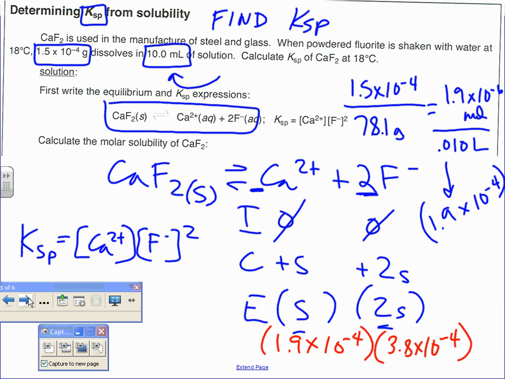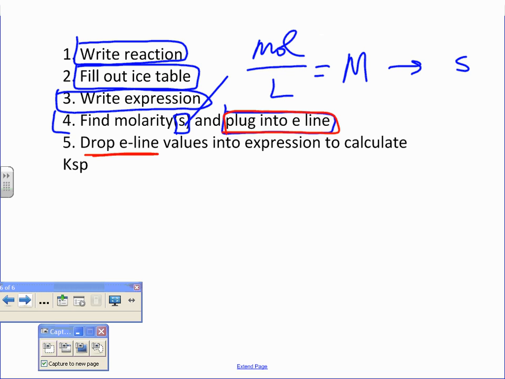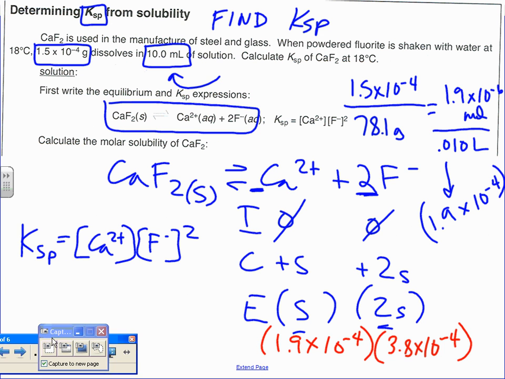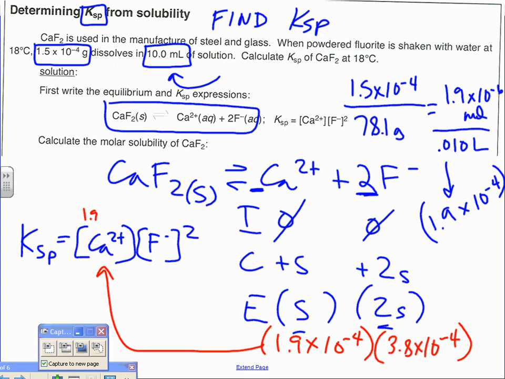The last step in the problem is you drop whatever the E line values are, after you solve for them, directly into the expression and find KSP. So what I'm going to do is take my values. I'm going to put 1.9 times 10 to the negative 4th right there for my Ca. My F minus is going to be 3.8 times 10 to the negative 4th.